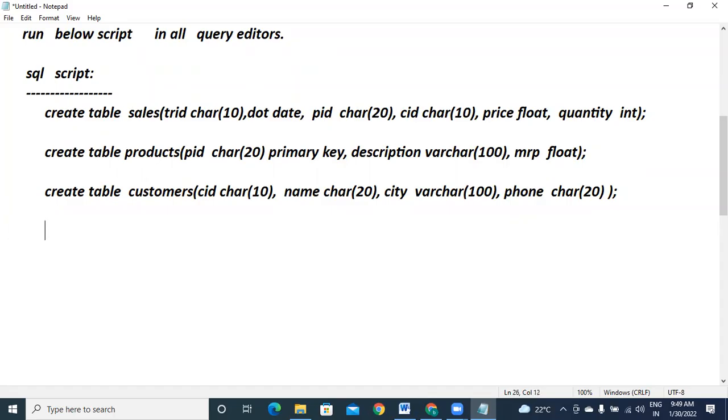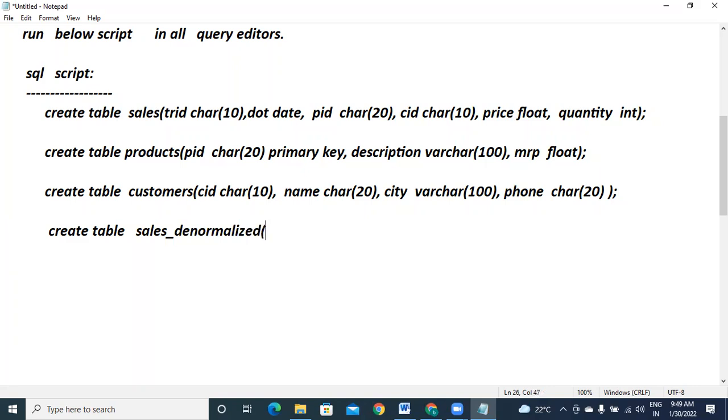And still one more thing. Create table sales underscore denormalized.